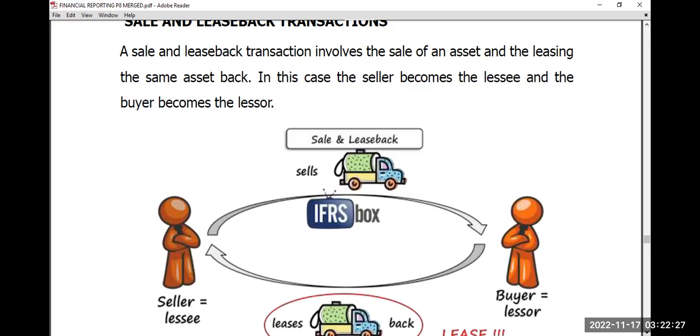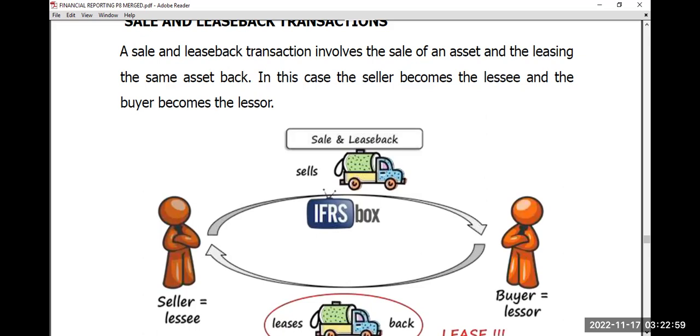We need to ask whether the person has actually sold these assets or not yet. Because it may happen that I give you these assets and you give me cash, but I have not actually sold the assets to you; I have given them as security for you to give me cash.